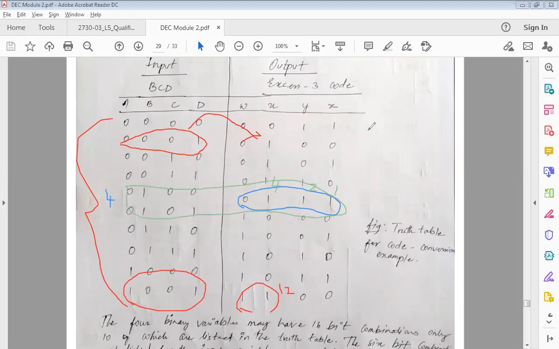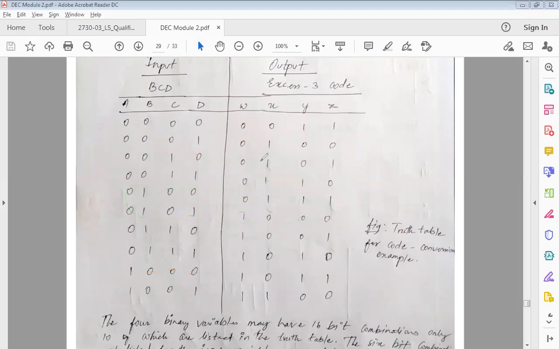Sir, could you explain it once more, sir? Yeah. Now let us take the first value here. What is the first value? 0. What are we supposed to do? We are supposed to generate a code called XS3. XS means excess, more. And by how much is it more?